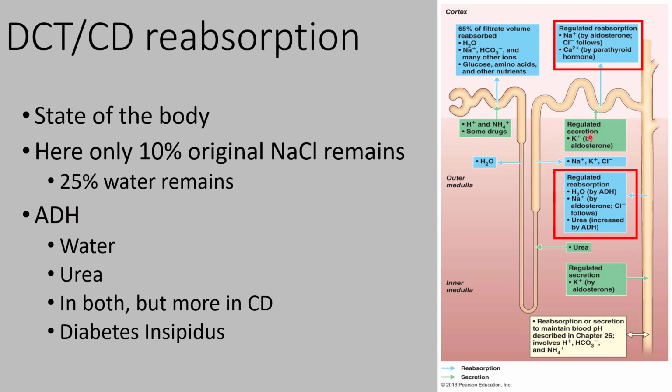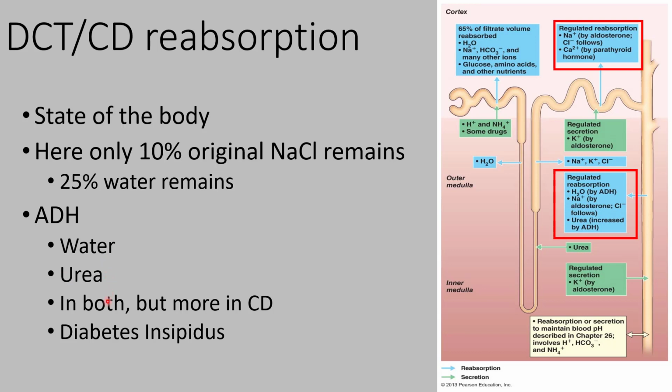Now, at the distal convoluted tubule and the collecting duct, which really are almost the same thing. They're not, but they're almost the same thing. Here, ADH causes water reabsorption. It causes urea reabsorption.